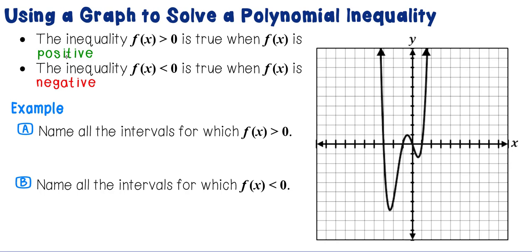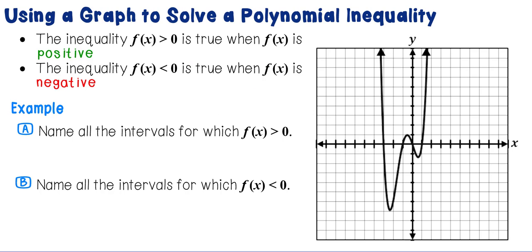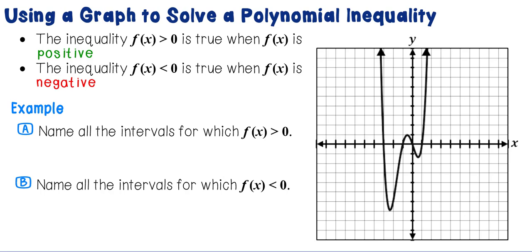So that means we're looking at where it is above the x-axis. So if we look at our graph over here on the right, our function is above the 0 when it's above the axis.